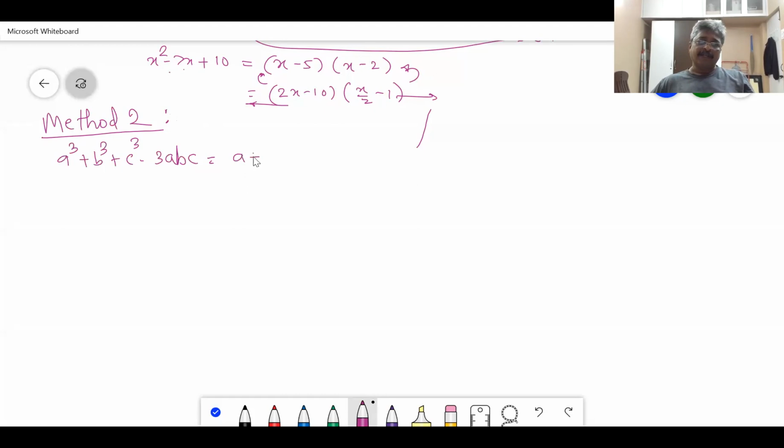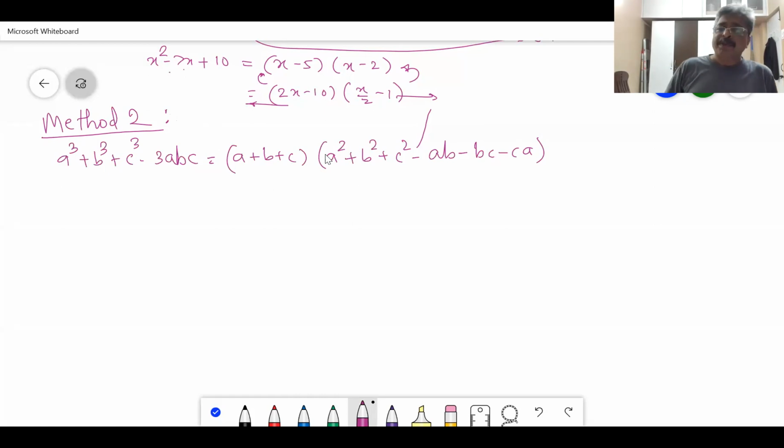We know the first factor, a plus b plus c. We know the second factor, a square plus b square plus c square minus ab minus bc minus ca. Okay, so we are interested in linear factors. We got one, and now we have one factor which is quadratic. We don't like quadratic factors now, having learned complex numbers. Therefore, we have to factorize this also.